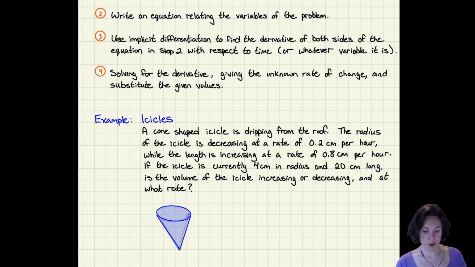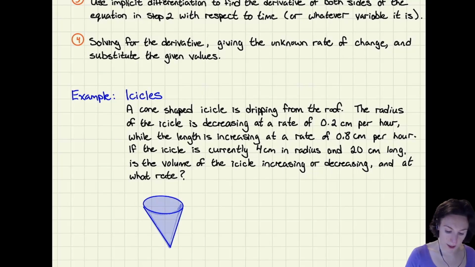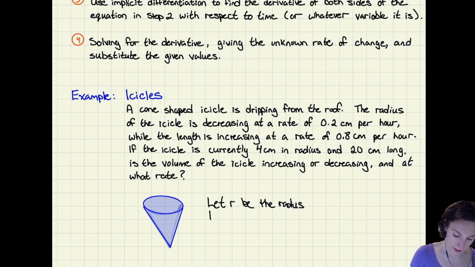So in our situation, the image that we would draw is a cone that represents an icicle, where we haven't been given variables, but the thing that's important here is the radius of this icicle and the height of this icicle. Okay, so we're going to let R be the radius, and we're going to let H be the height.